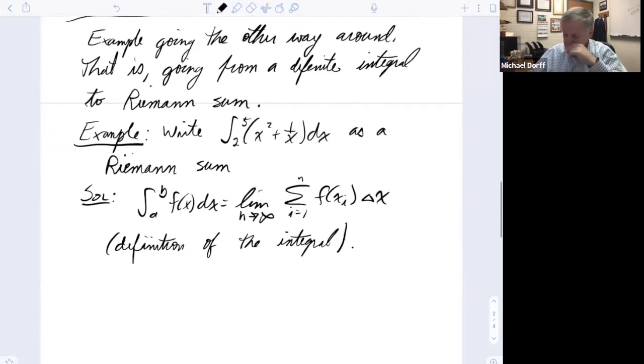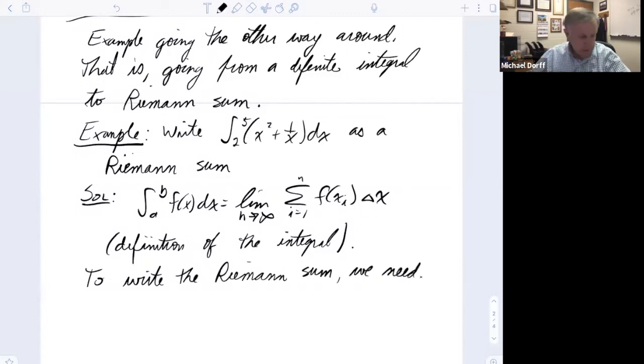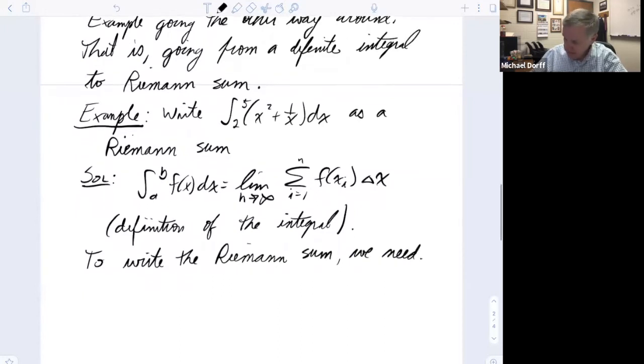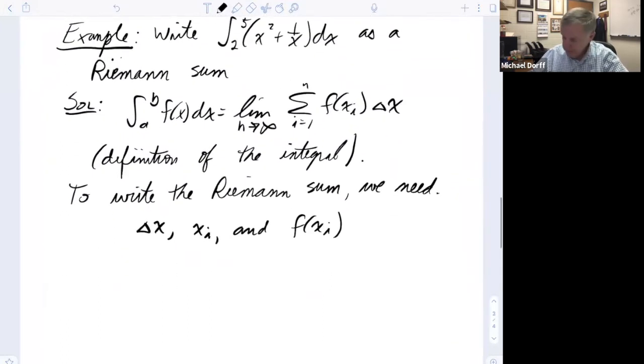And to write my Riemann sum, what do we need? We need delta x, we need x of i, and f of x of i. All right.